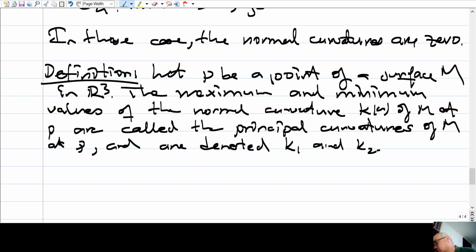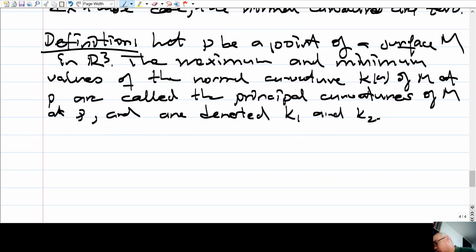So K1 is the maximum, K2 is the minimum normal curvature.